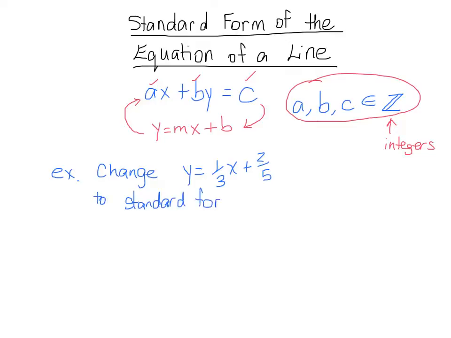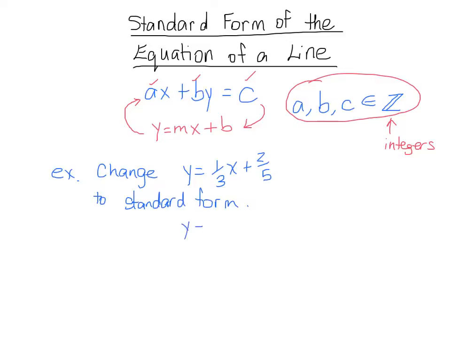If you look carefully at standard form, you'll notice that on the left side of my equation, I want my x and my y, and on the right side of the equation, I want the number that stands alone by itself.